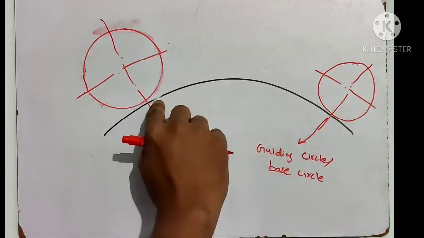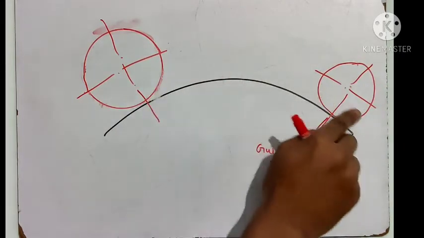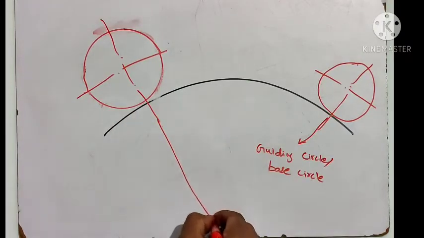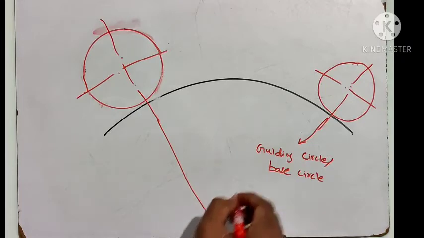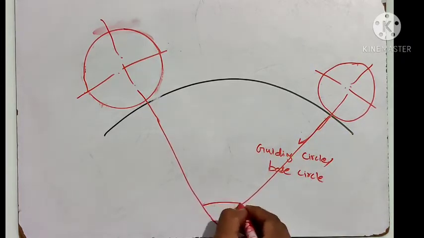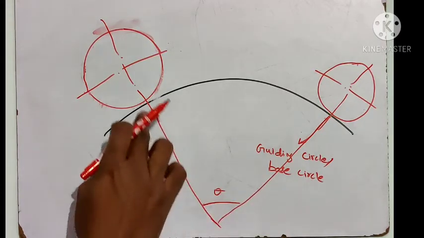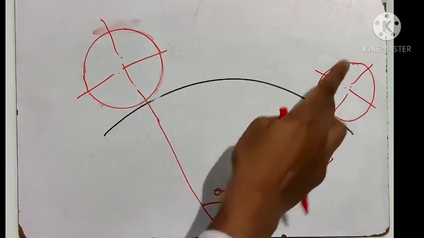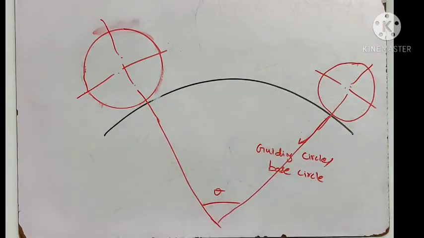If you measure the distance along the curved path, the distance will be pi d, but that is difficult to measure, right? So what we are going to do is measure this angle, theta. Theta is nothing but the angle it takes to cover one complete revolution.